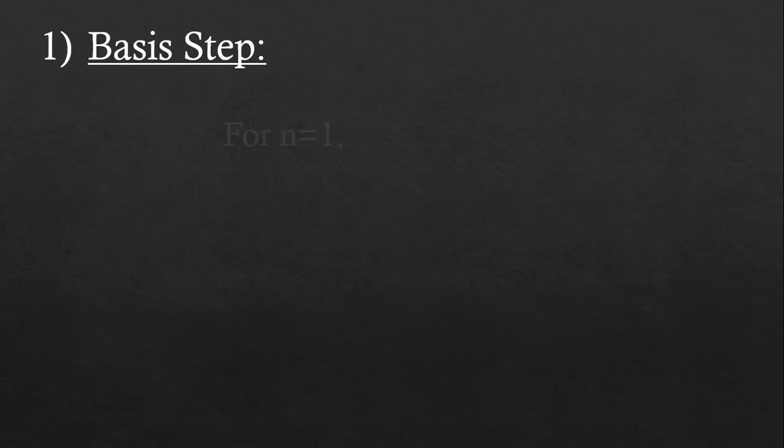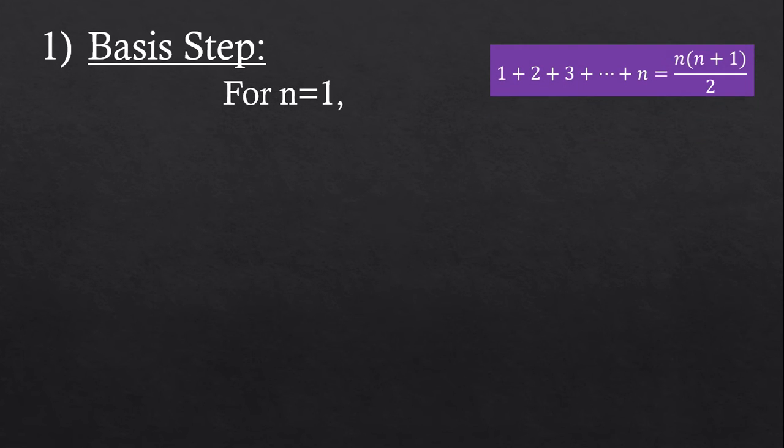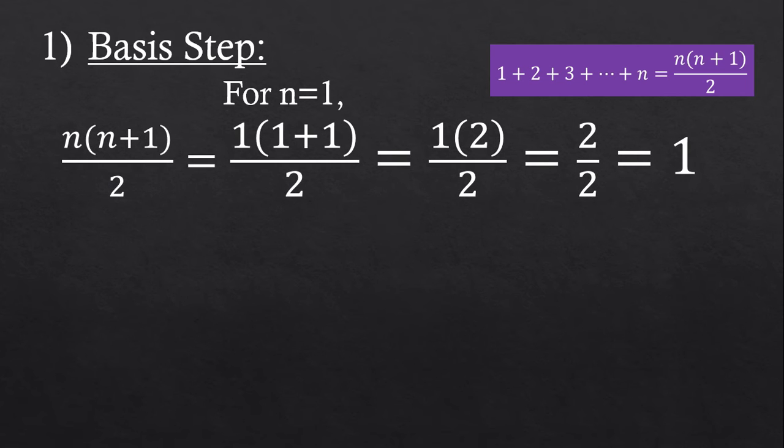According to the definition, we put n equals 1 in the statement, which I have here in the purple box. When we have a series like this, we only put n equals 1 in the nth term of the series, which gave us 1 after simplification.